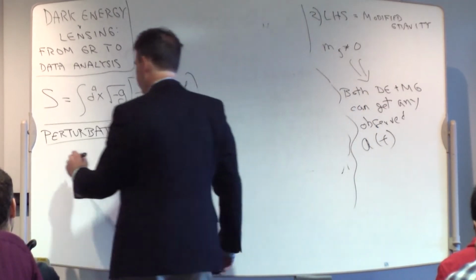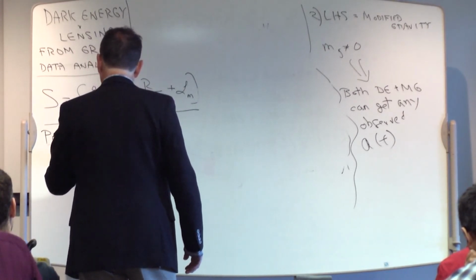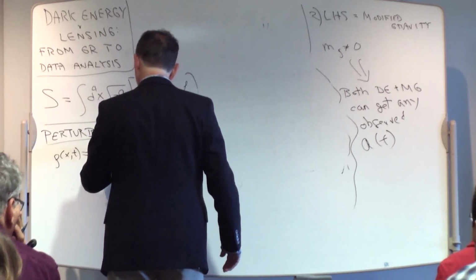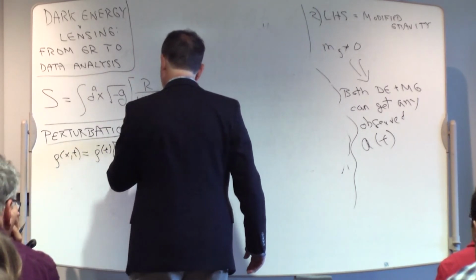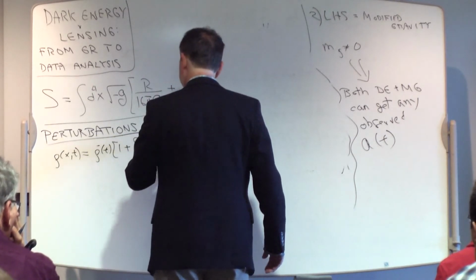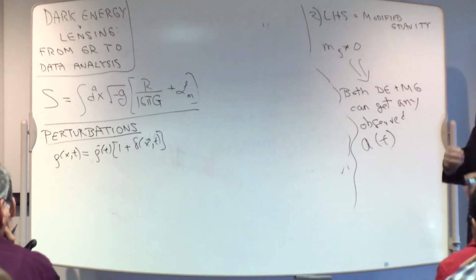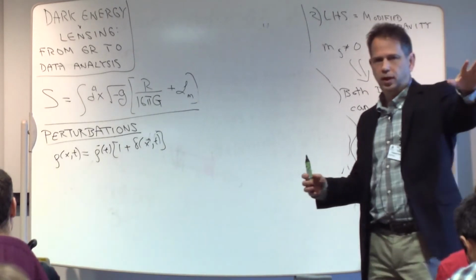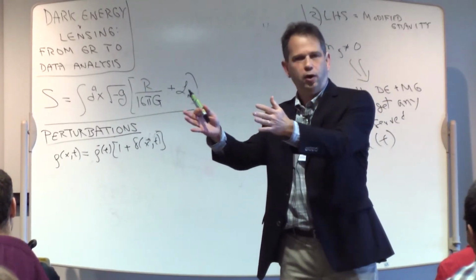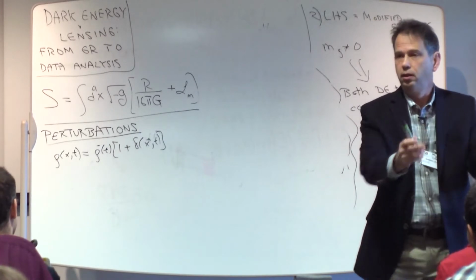So therefore, the density at any given place in space and time is equal to this average density times 1 plus some overdensity or underdensity that depends on space and time. And so what's going to happen is, there are more people on this side of the room than on this side of the room. So over the course of 13 billion years, all of these people are going to eventually accrete onto this side of the room because of gravity.